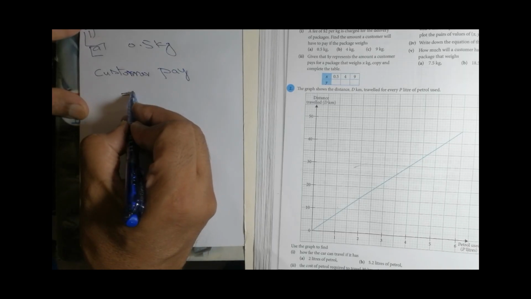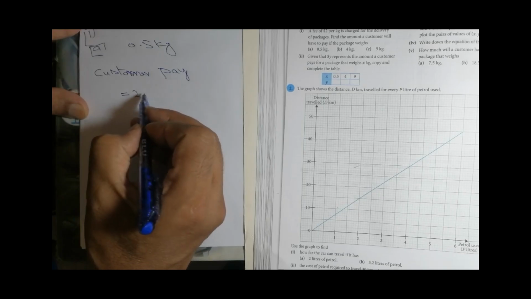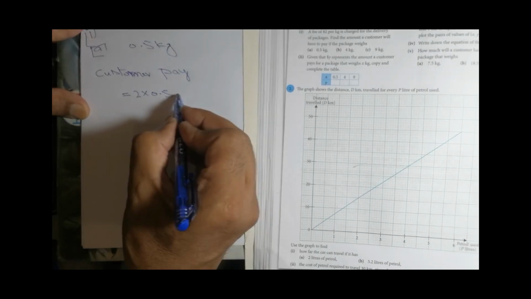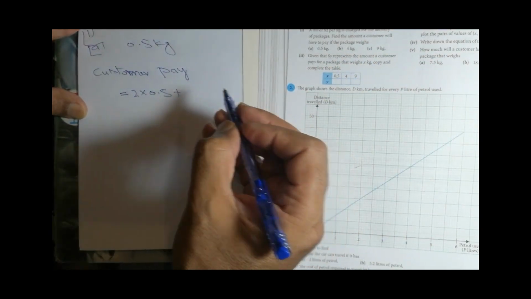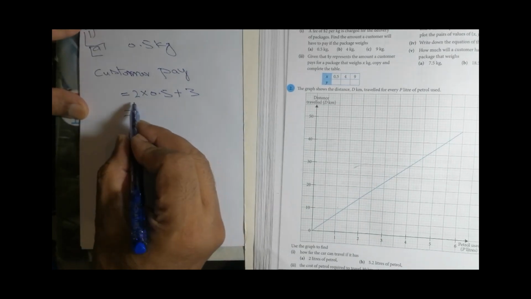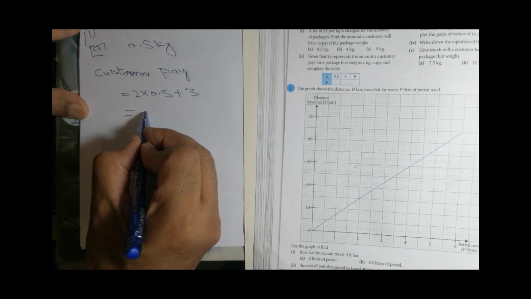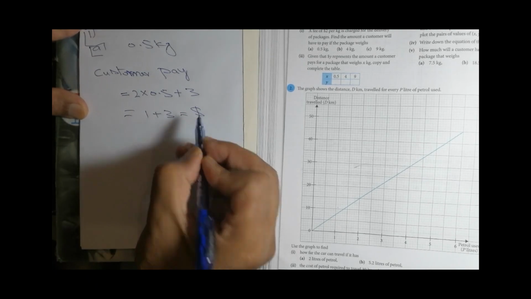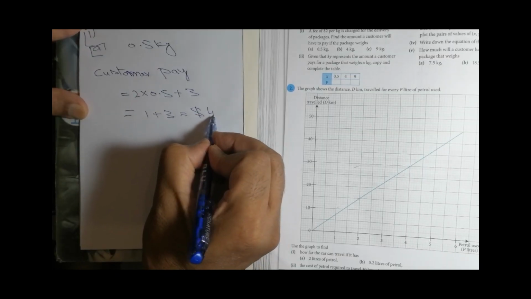So $2 for 1 kg, but this is half kg. So 2 into 0.5 plus $3 for any purchase, plus $3. So he will pay, this will be 1 plus 3 equal to 4.